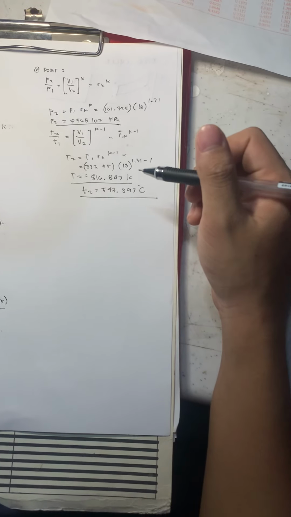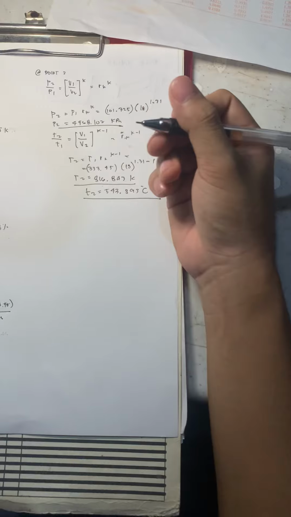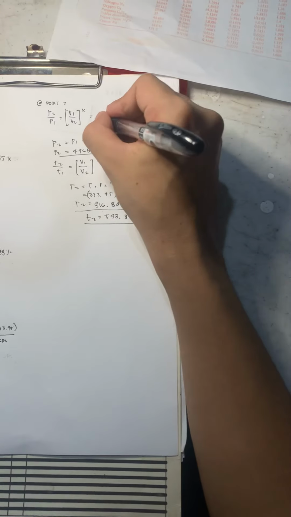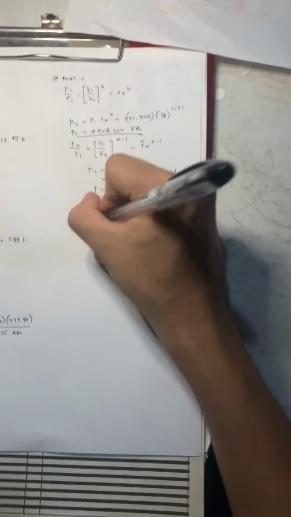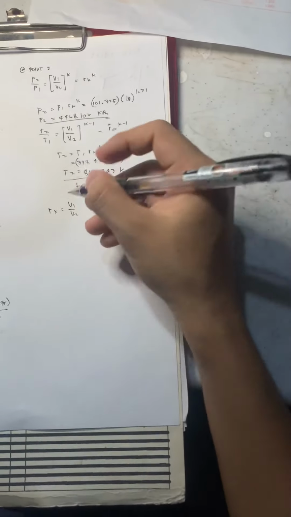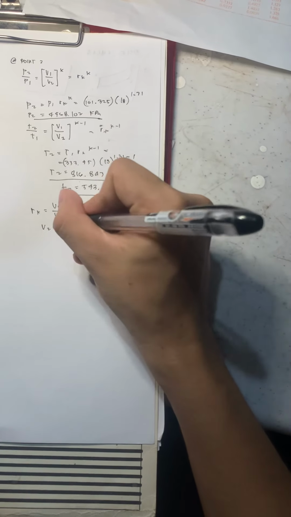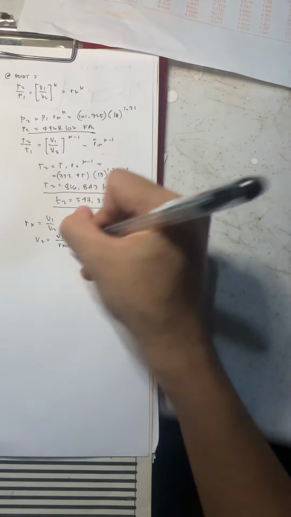Next is V2. Since the compression ratio is V1 over V2, we have V2 equals V1 over r_k.